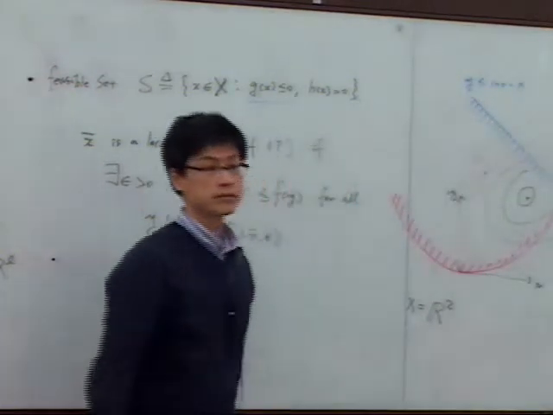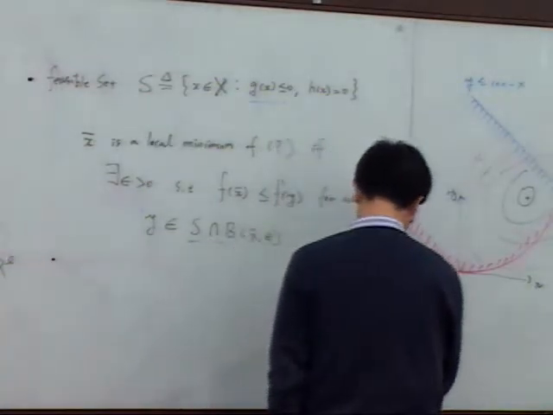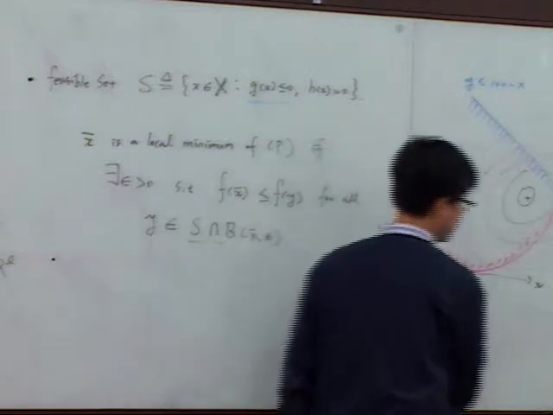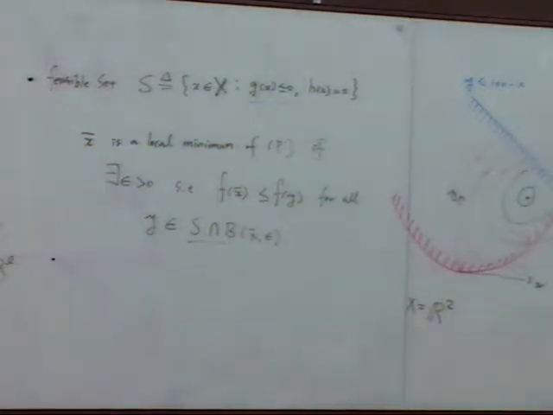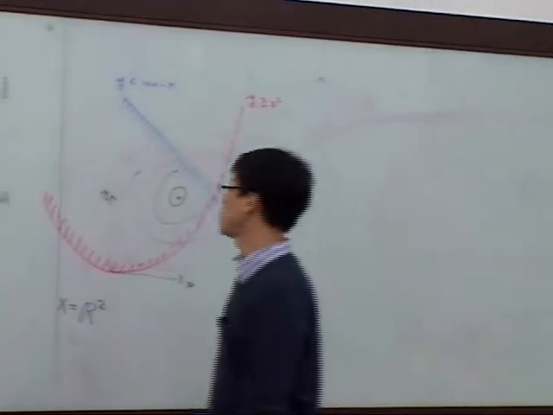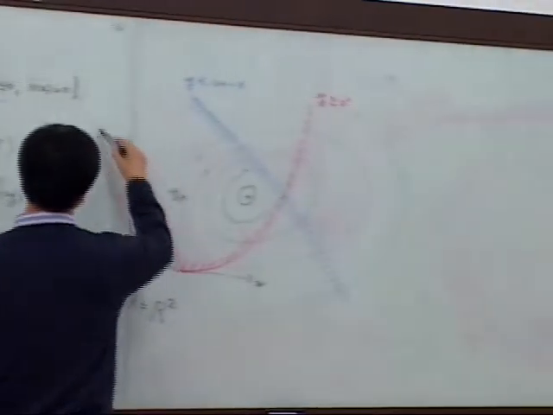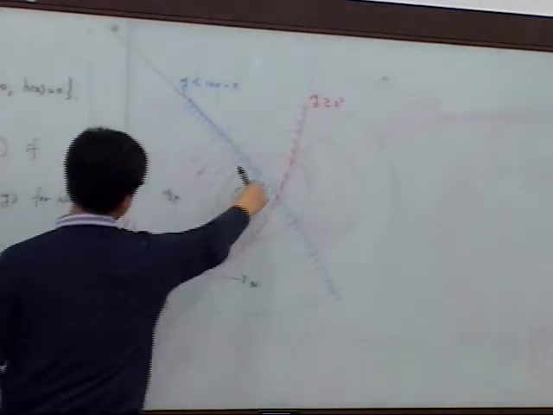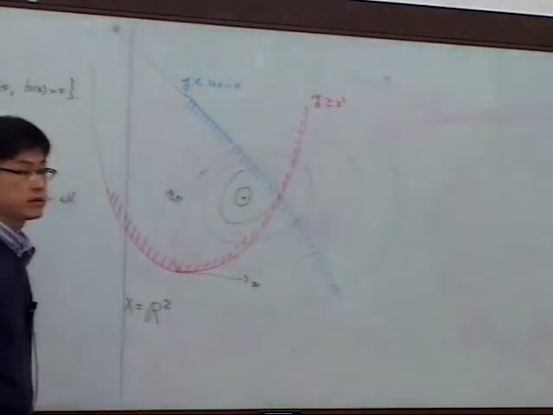Okay? The problem occurs because of this constraint. For example, our feasible region will be in this region, right?